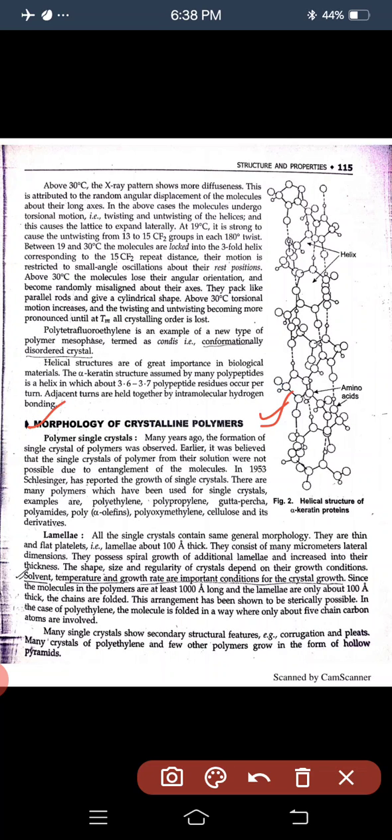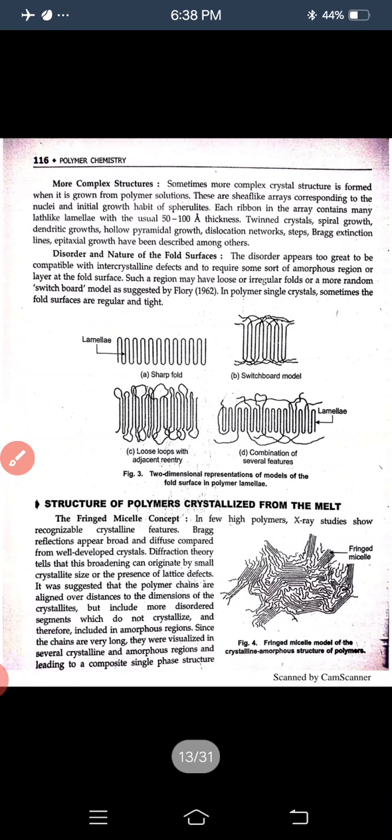Many single crystals show secondary structural features, that is, corrugations and splits. Many crystals of polyethylene and a few other polymers grow in the form of hollow pyramids. More complex structures: sometimes more complex crystal structures are formed when grown from polymer solution. These are sheaf-like arrays corresponding to the nuclei and initial growth habit of spherulites.